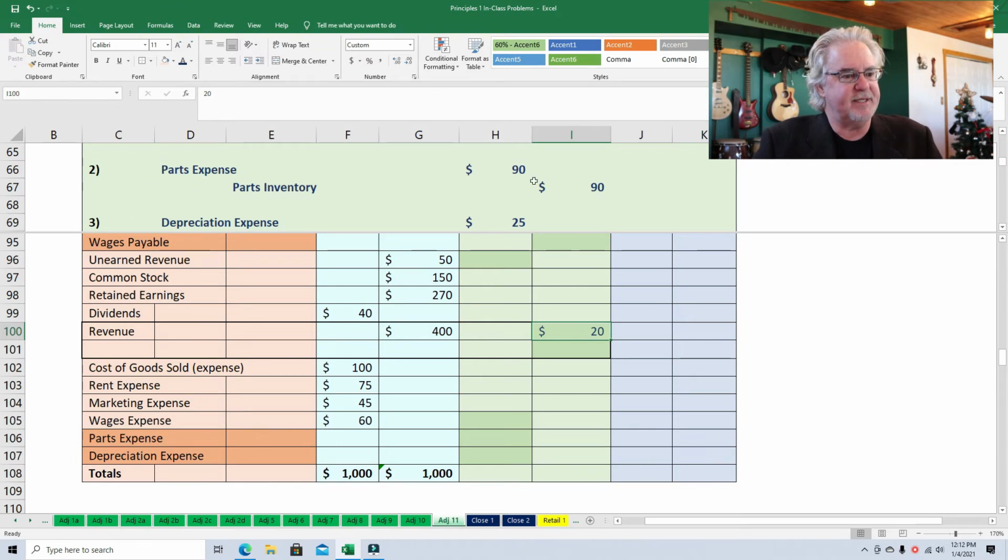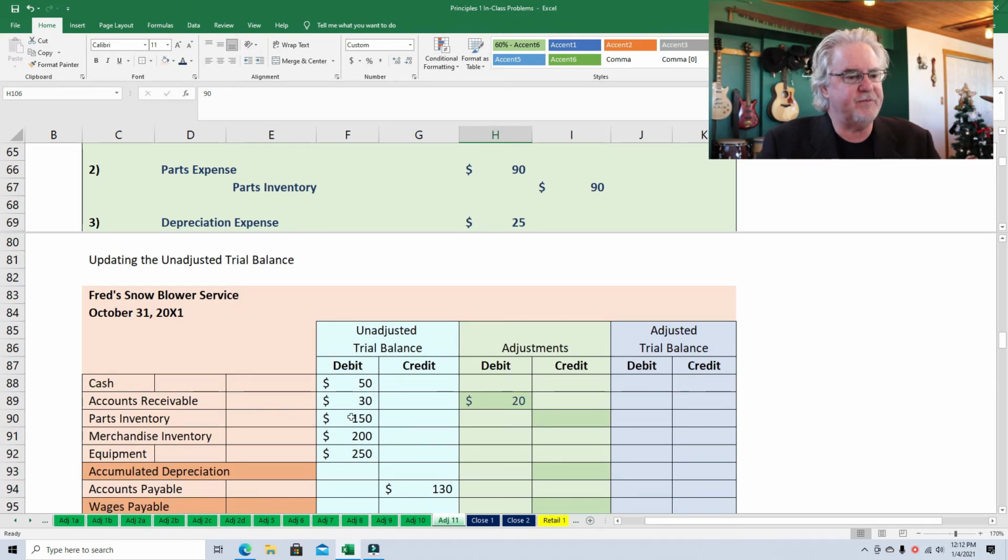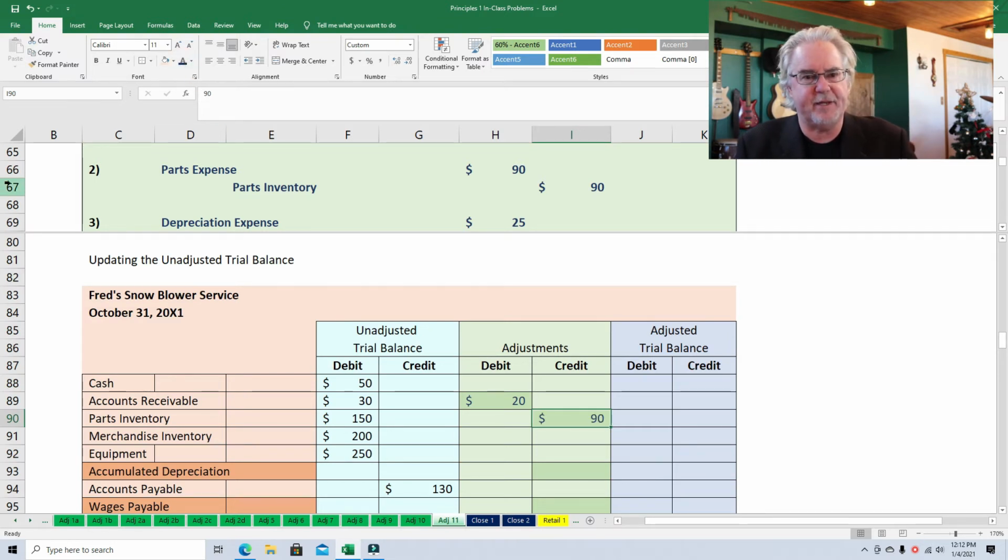So parts expense 90, let's put 90 right in that spot. There you go. And parts inventory is being credited for $90. So you just put that right up here. Parts inventory, credit for 90. So really no math is going on. All we're doing is copying numbers. And of course, nowadays computers do this really well.